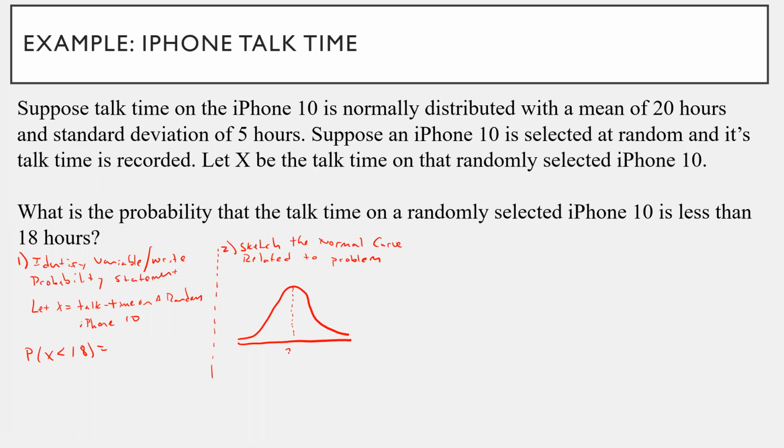So I'm going to put 20 here, and then I want to be less than 18. So I'm going to go over to 18. And am I going to shade to the left or to the right if I want to be less than 18? Yep, I'm going to shade here to the left.